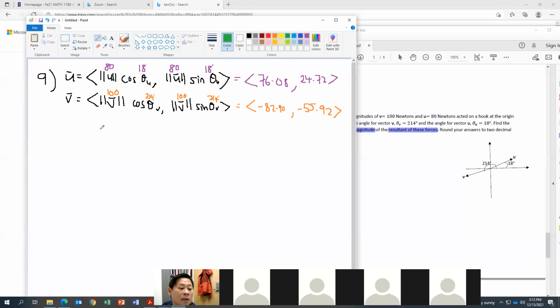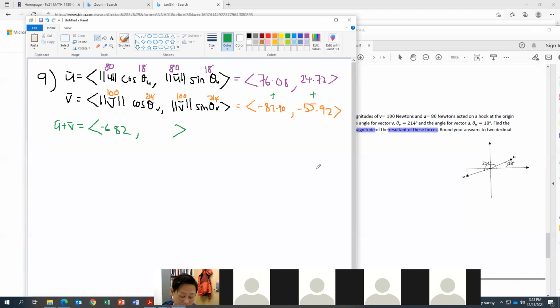Now what we need to do is find the resulting force. Resulting means you take these two vectors and you add them. So take these two and add, and that will give you the resulting force. Take 76.08 plus negative 82.90, and you will get negative 6.82.